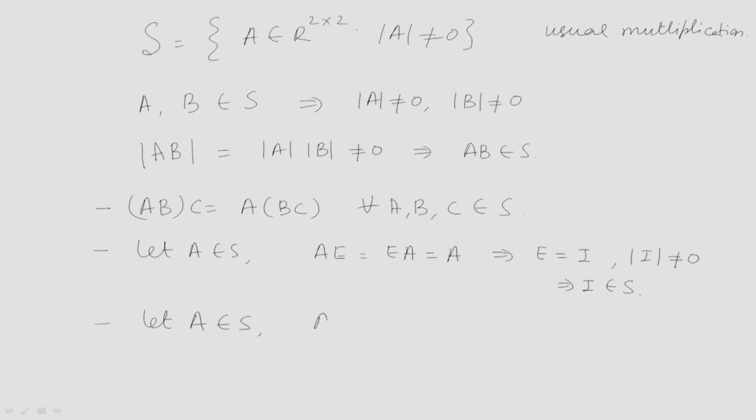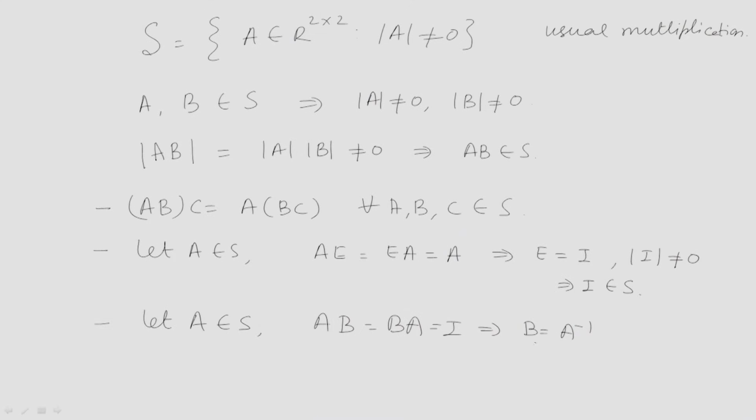You take any A in S, then AB should be equal to BA should be equal to I, and this implies B is equal to A inverse. Now, the inverse exists because the determinant is not equal to 0, and since the determinant is not equal to 0, the determinant of A inverse is also not equal to 0. Determinant of B will be what?